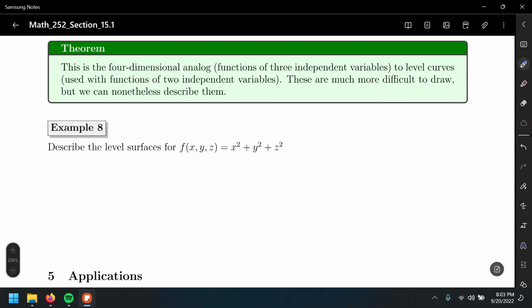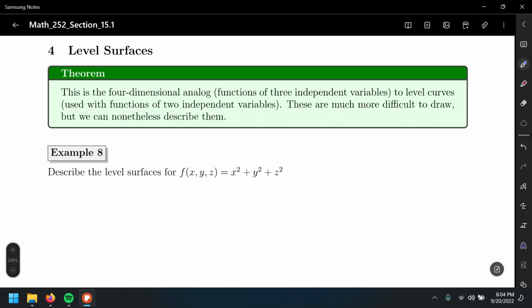Now this fourth category is called level surfaces. We would have to draw one surface and then another surface and then another surface. So we're barely able to draw a very simple surface. I think the easiest one to draw is the plane in the first octant when all the intercepts are positive.